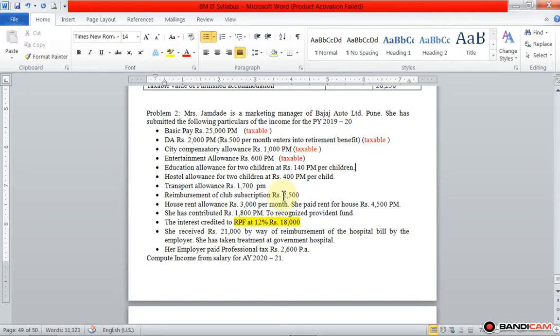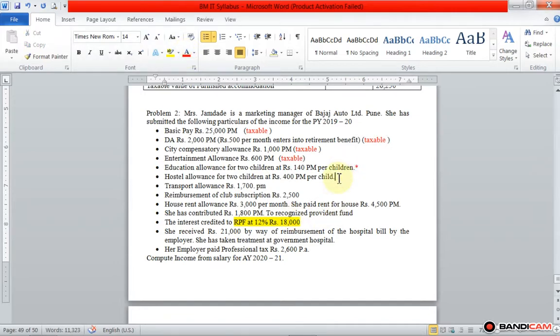Education allowance is partly exempted and partly taxable: rupees 100 per child is exempted, maximum for two children. Got it? Make a star in front of education allowance because it is a partly taxable and partly exempted allowance.